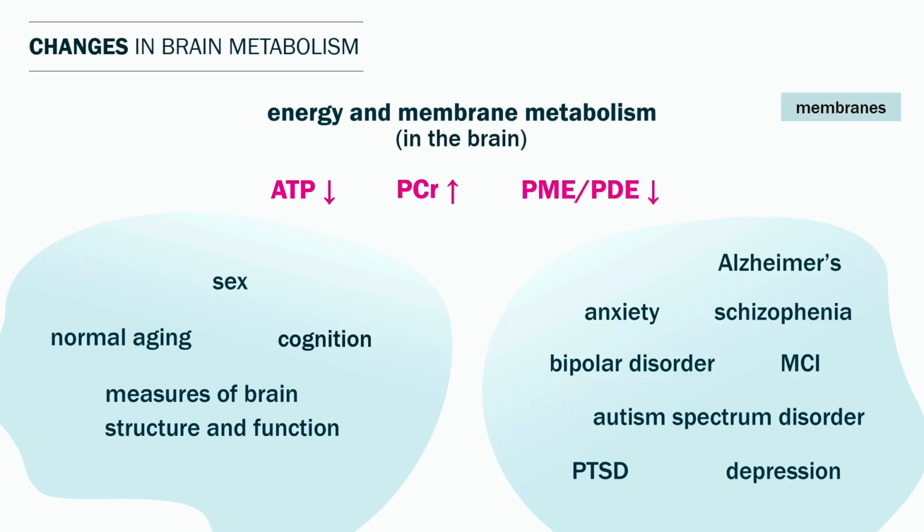And then the ratio between membrane synthesis and membrane breakdown also tends to go down with age, with different disorders, etc. Of course, that's not always the case, but this is just to illustrate that these types of metabolism are involved in a whole bunch of things.